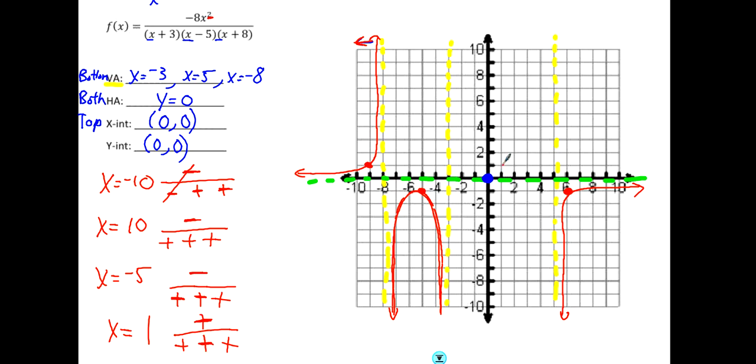So at 1, we're on the positive side, which is telling me that it's up there. So it does the same thing the last one did, except it comes down here, hits the x-axis, and then bounces back up. And that's graphing rational functions.